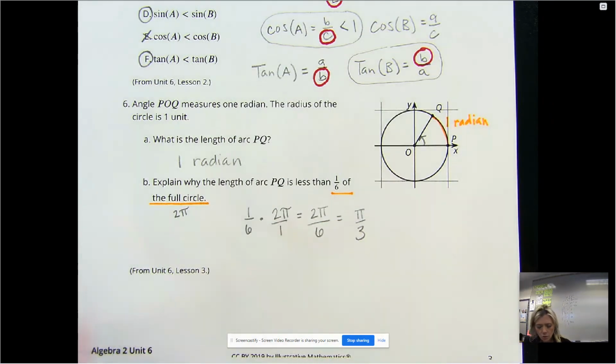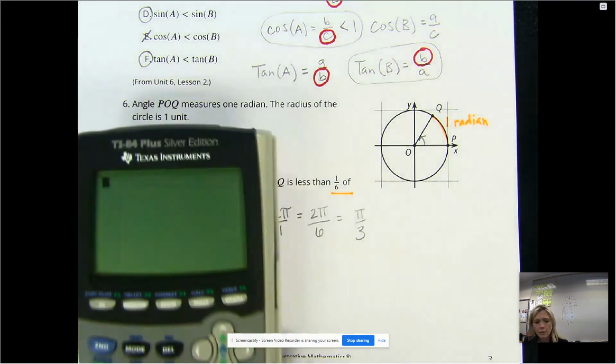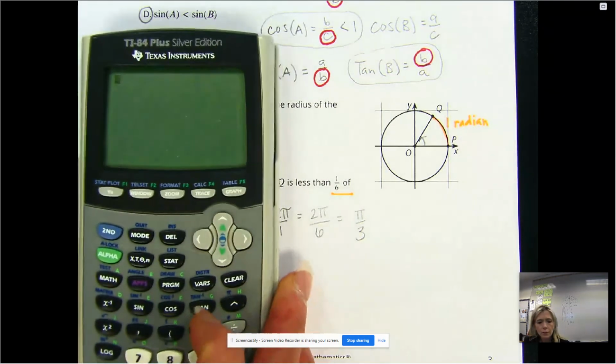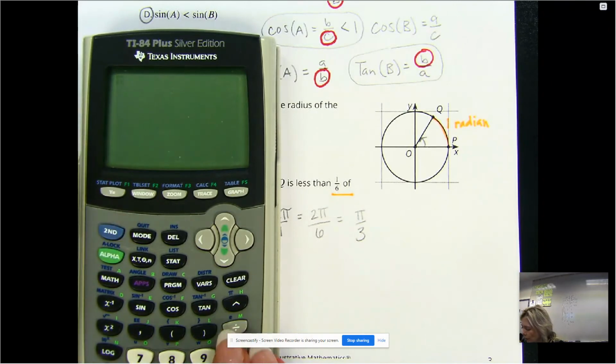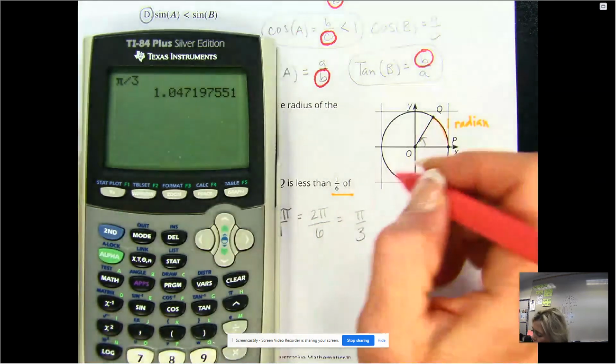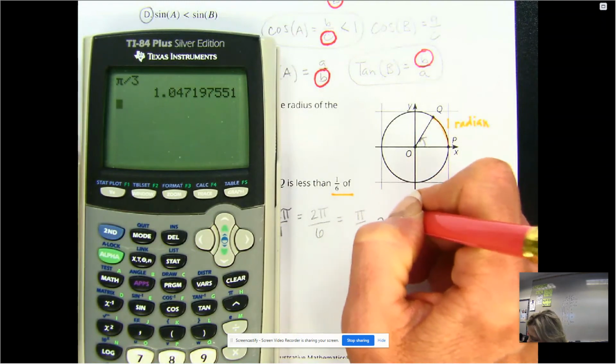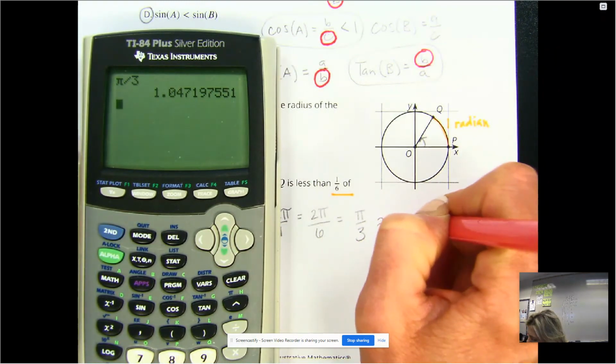Okay, so on my calculator, I can evaluate pi over 3. So second, and the power button is how you get pi. Divide by 3, 1.047. So this is about 1.047.